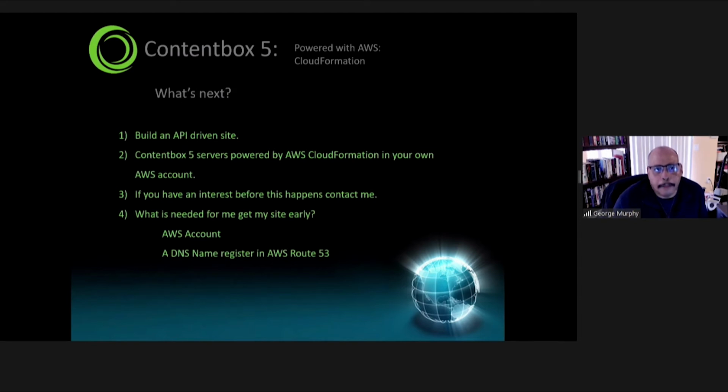We're also going to build an API-driven site, and we're going to have Contentbox 5 to power this. And if you have an interest in this, please reach out to me or the Ortus team, and we'd be happy to work with you to get this running.